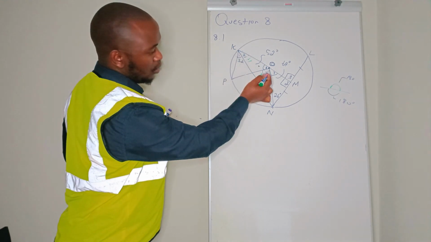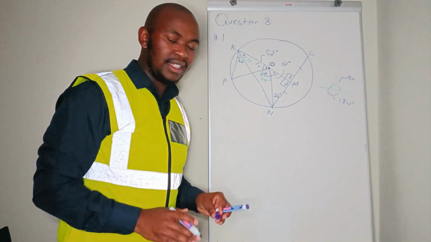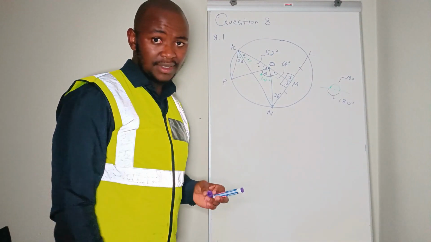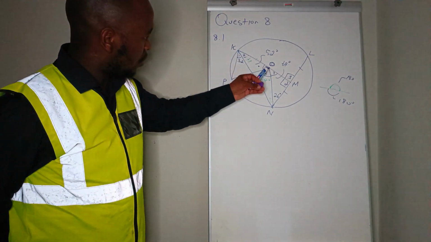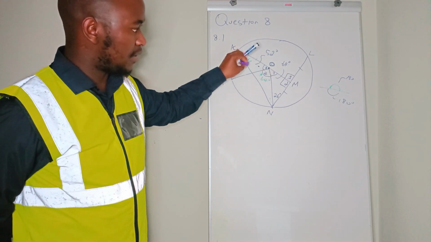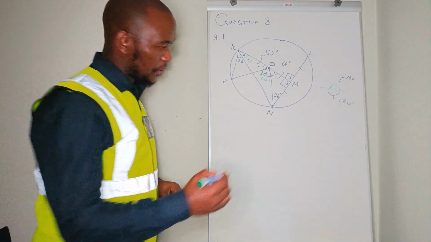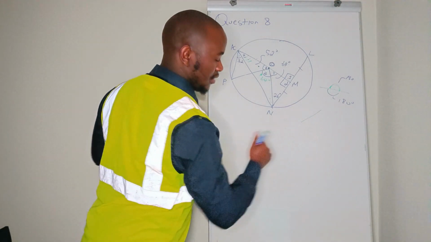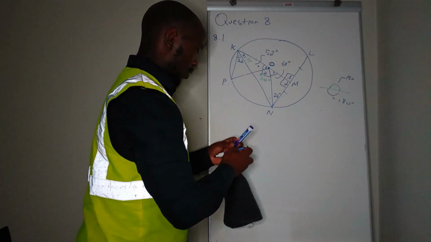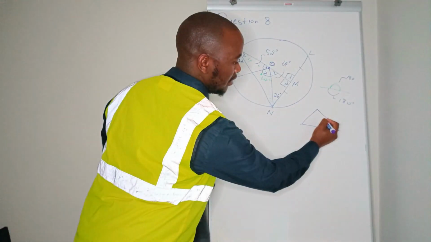KO is a radius. What is a radius? A radius is simply a line that starts from the center to the circumference. And you see that KO does start from the center to the circumference, but you also see ON. So what we actually see is a triangle like this that has this side.